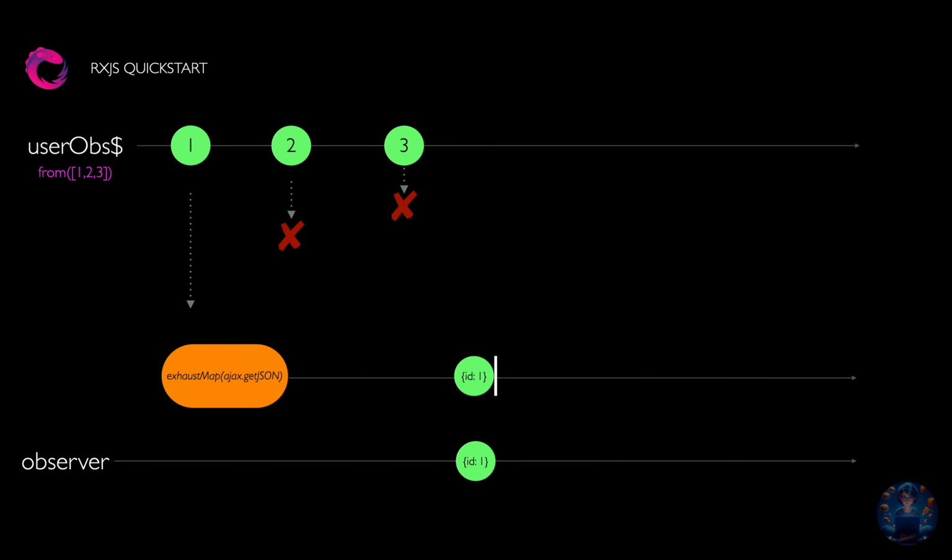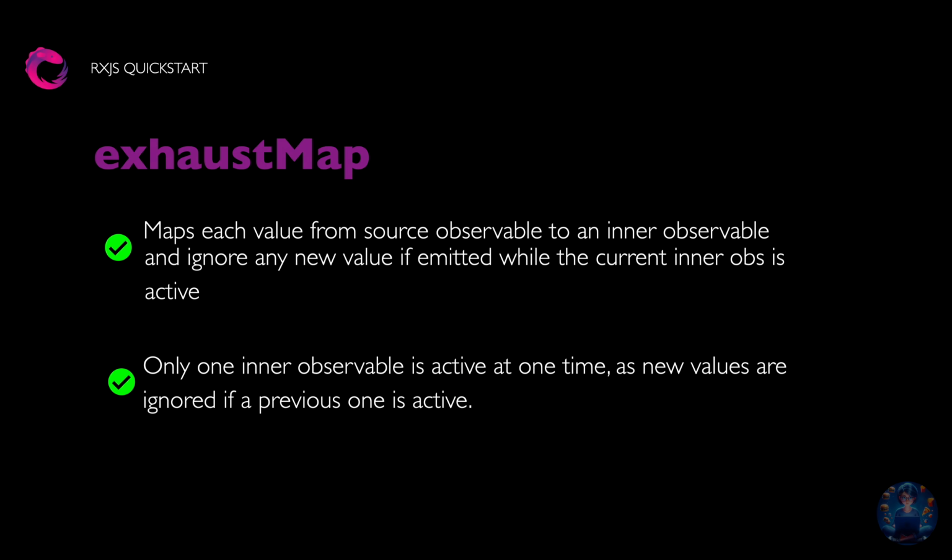If you change the order, say 3 to 1, what response are you going to see? It will be for ID 3, because that was the first inner observable, and while it was active, the other two values got emitted, and both of these values will be ignored. I hope this explanation helps you understand how exhaustMap works. That's all about exhaustMap.